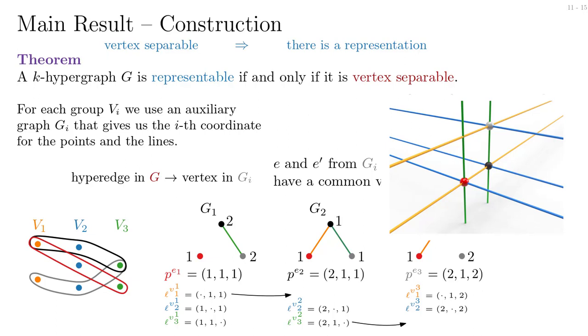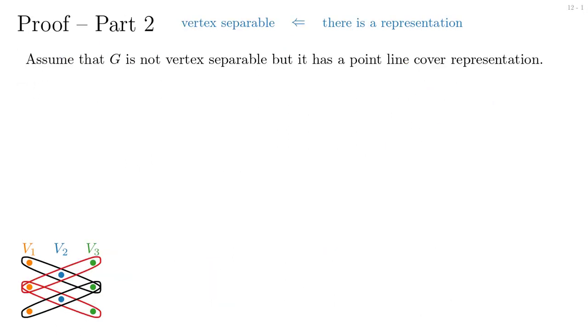If it does hold, we get our point line cover representation. Now let's prove that if there exists a representation, then the corresponding hypergraph is vertex separable.